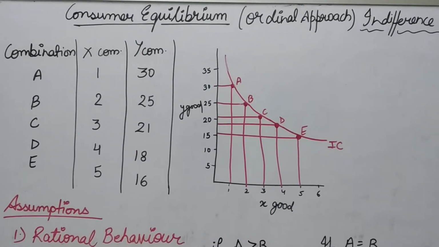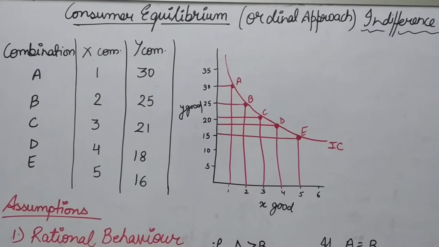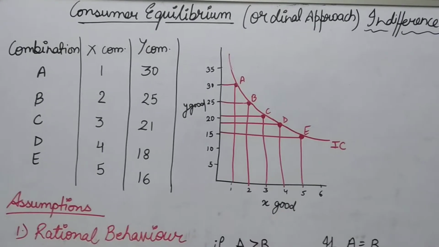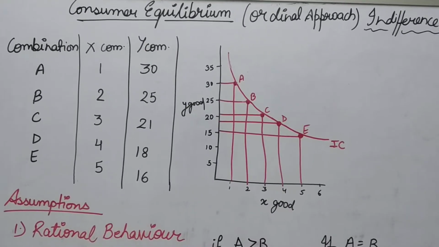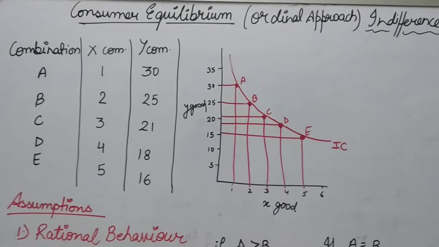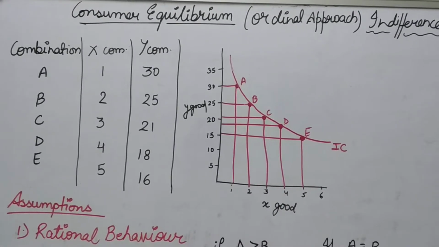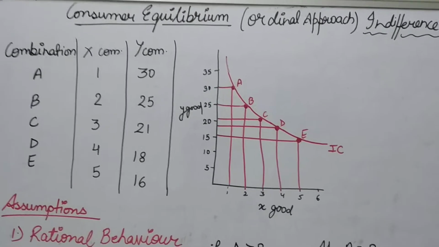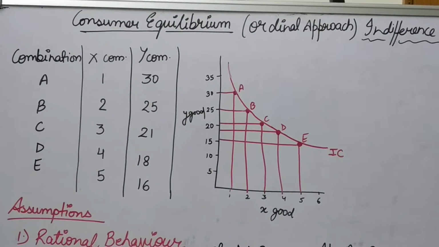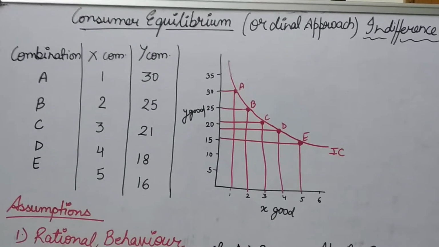In the beginning of economics I told you that resources are always scarce. From scarce resources everyone tries to get the maximum satisfaction. The same happens with the consumer: he has scarcity of money, that means limited income, and from it he wants to attain maximum satisfaction.